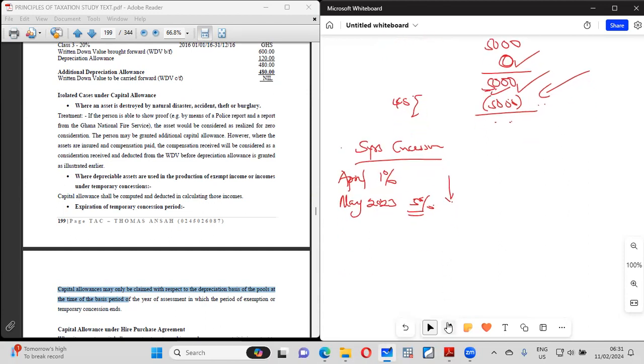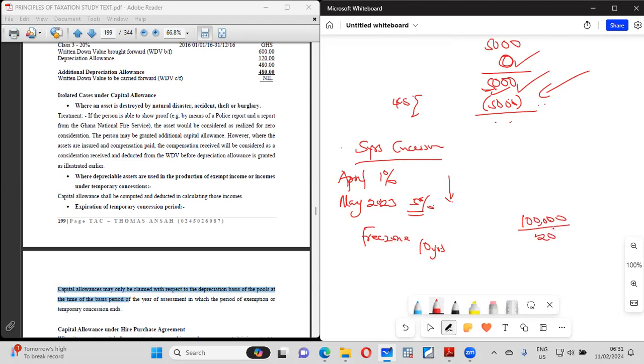But let's look at the free zone, for example. You see, the free zone doesn't pay income tax for 10 years. So let's say a free zone has an intangible, which has a useful life of 20 years. Let's say the intangible is 100,000, and you do capital allowance.